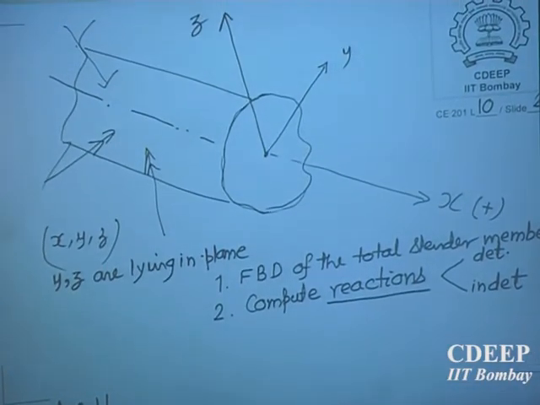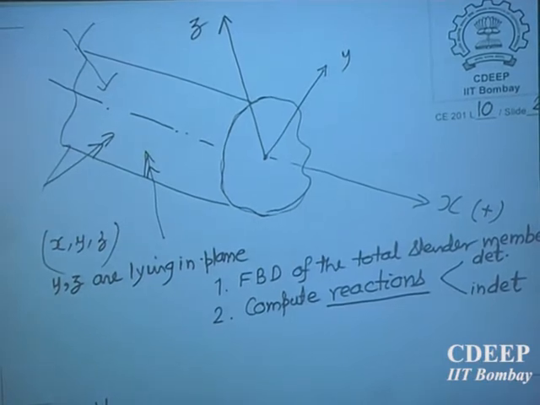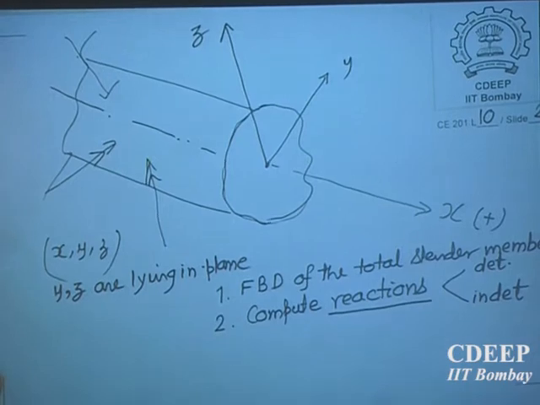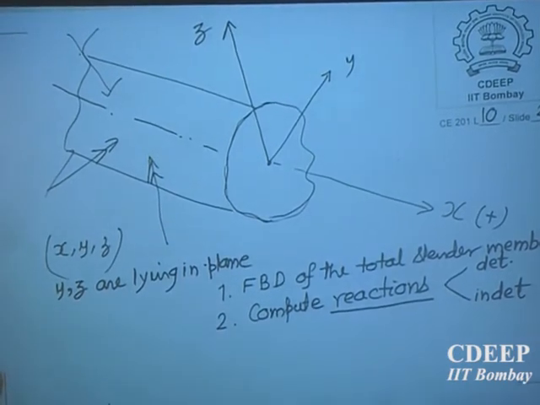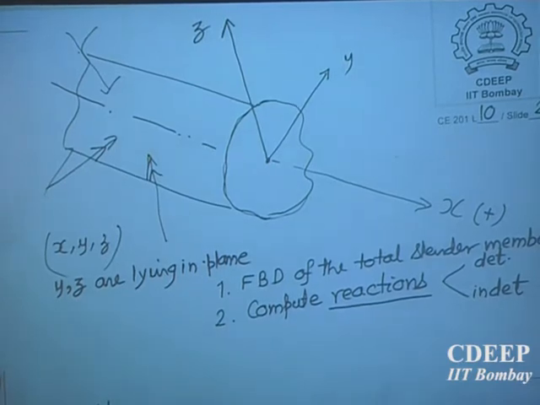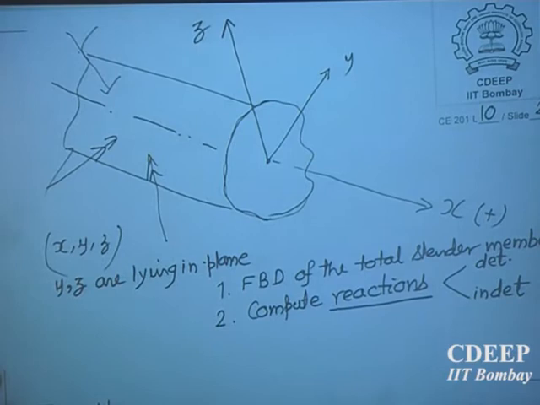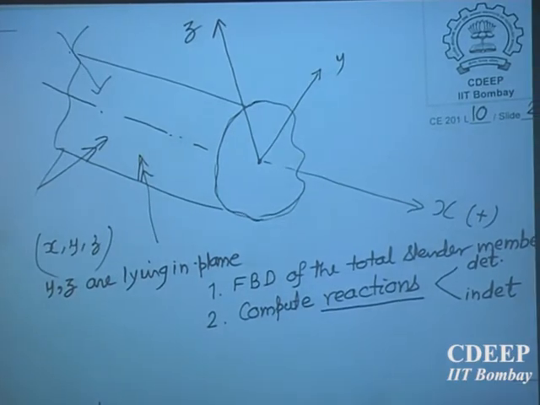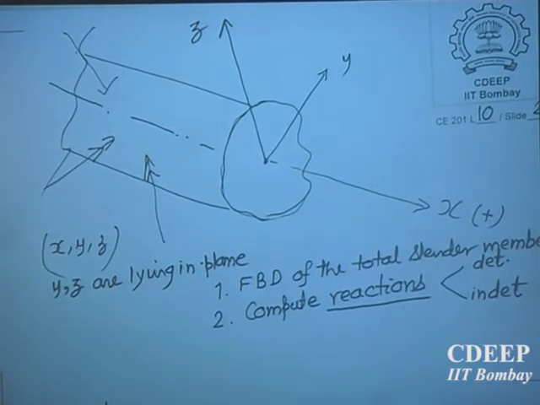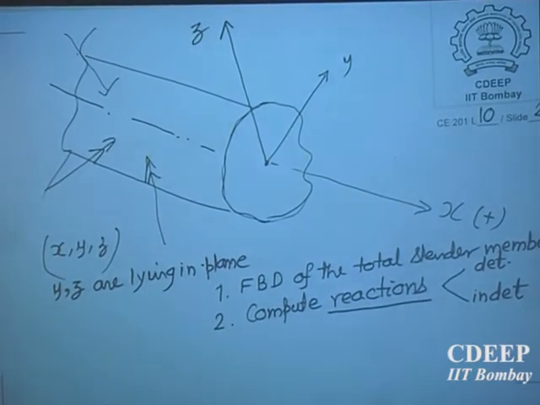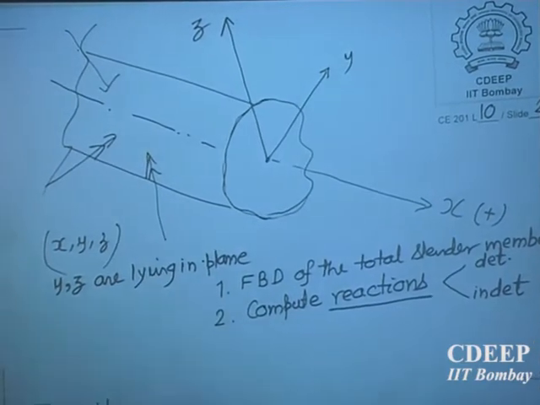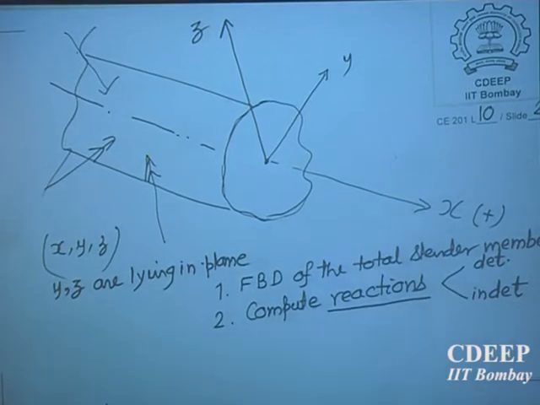You take the total free body diagram and you can find the reactions. But for indeterminate, first you will have to make use of the method of superposition, and you have to study deformation and the force-displacement relation. The relationship between displacement and forces has to be established, then only you can solve. So, with superposition, they can be found out. The next part is you find out the reactions.